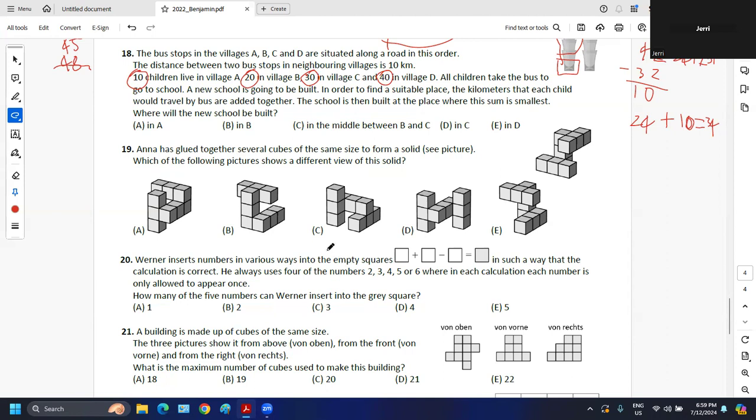A new school is going to be built. In order to find a suitable place, the kilometers that each child would travel by bus are added together, and the school is built at a place where the sum is smallest. Where will the new school be built?